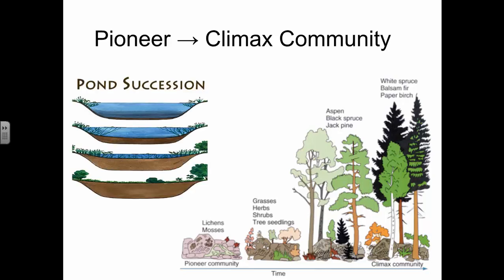Also, ponds are a good example. If you know anybody who has a pond on a property, you may know that if people want to continue to have a pond there, they have to maintain it. Typically a pond will slowly over time become shallower and shallower and eventually completely fill in.